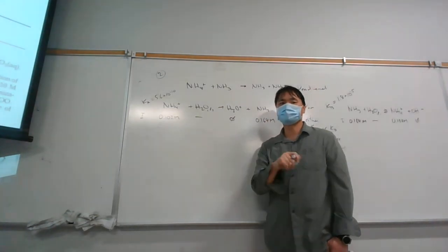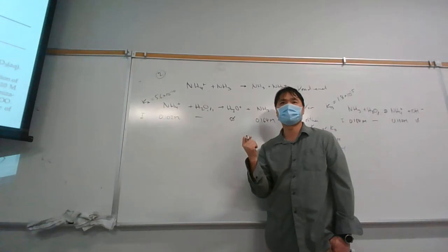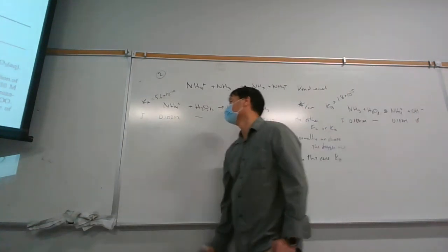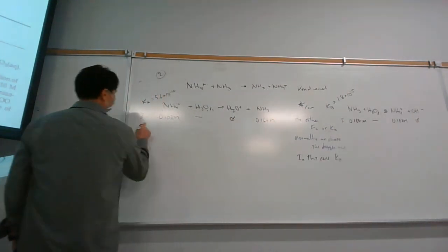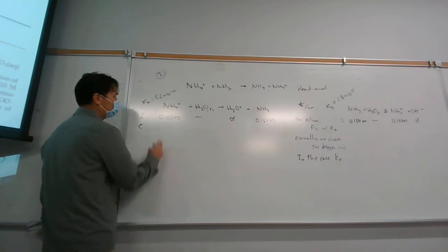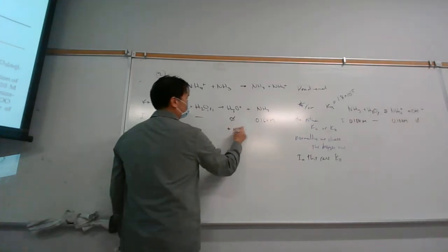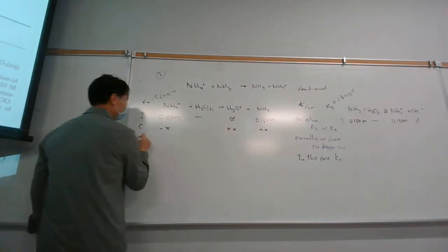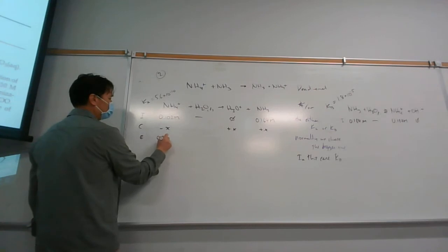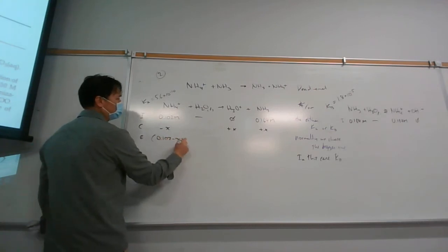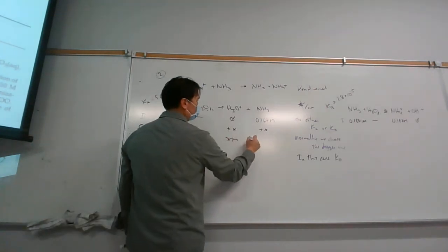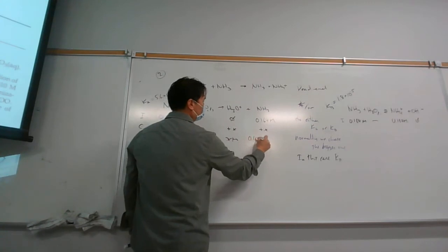Both will give us exactly the same pH, aside from rounding. So let's go ahead and do this. Here's going to be minus x, plus x, plus x. Over here, we're going to get 0.102 minus x, x molar, and 0.164 plus x.